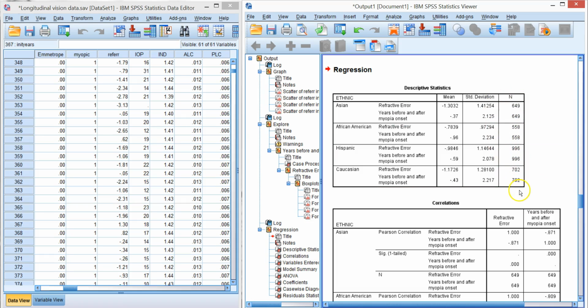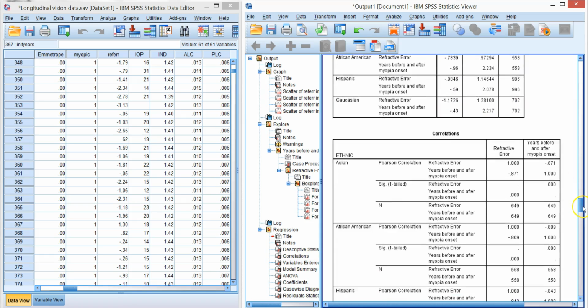The emmetropes, we did not filter out, but they did not show up because of the missing data. So we get our mean and our standard deviation for refractive error and for years of onset. The mean and the standard deviation give us an idea if we're following them the same amount for each ethnic category, which appears that we are.